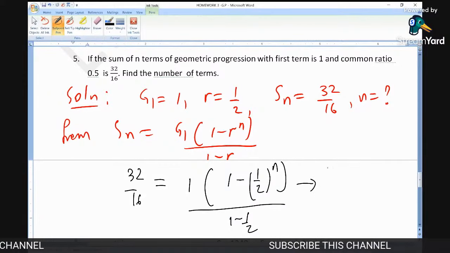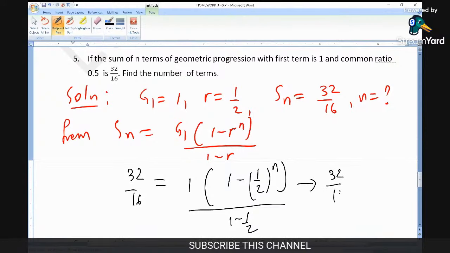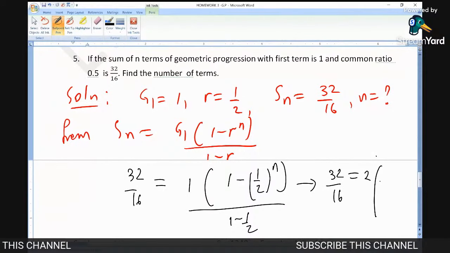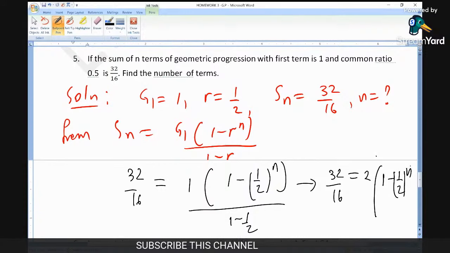You simplify it further, you get 32 over 16 equals 2 in the bracket 1 minus 1 over 2 power n.